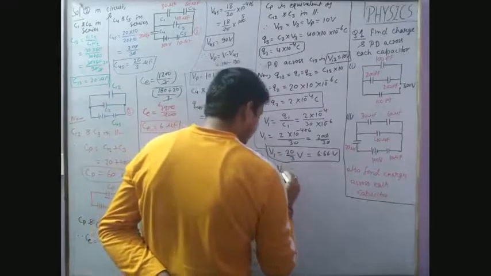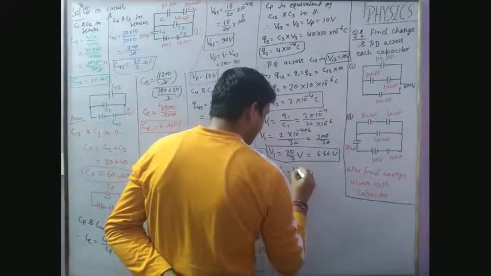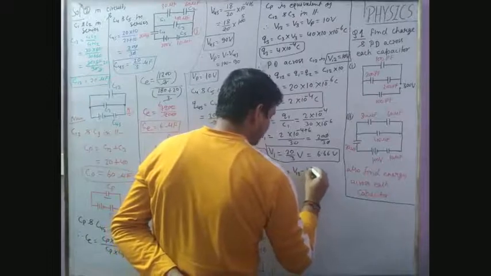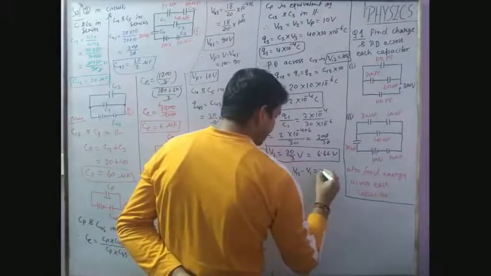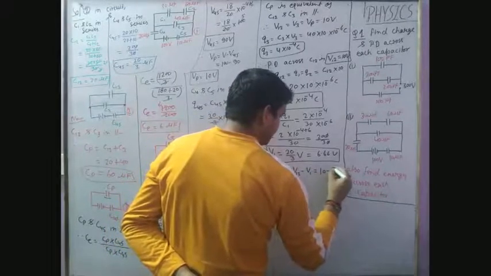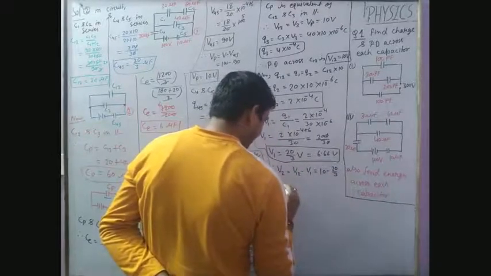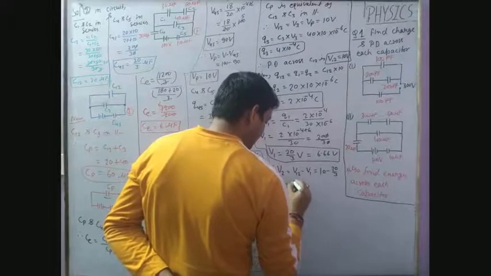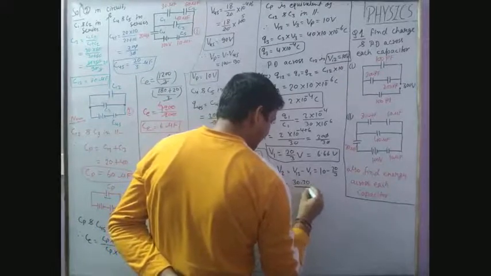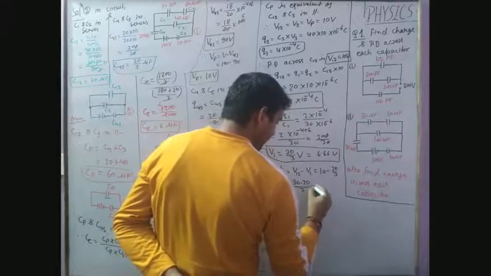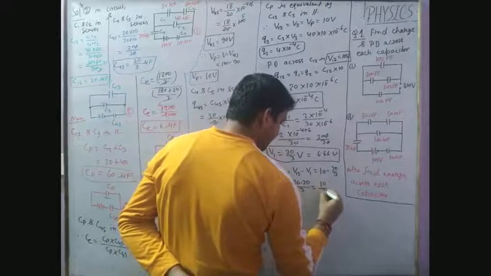Therefore V2 is equal to V12 minus V1, which is 10 minus 20 by 3, which we calculate as 30 minus 20 by 3, which is 10 by 3 volt.